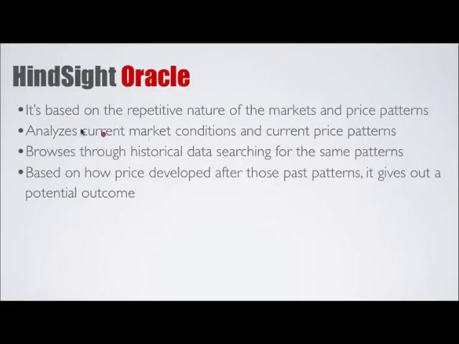That's why this indicator is called the Hindsight Oracle. The Oracle, because it gives you a potential outcome of current price action, but based on hindsight proofs, based on hindsight information, okay?